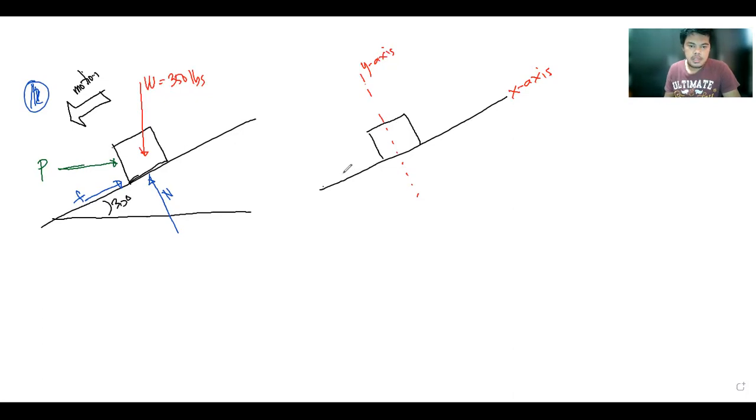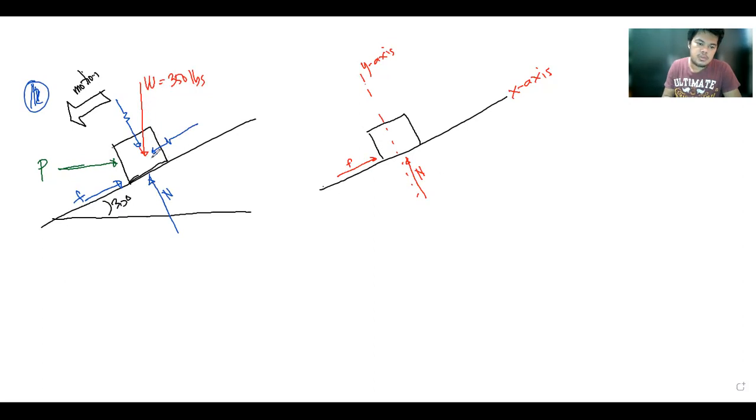So we have here the friction force F, and we also have here the normal force N. For the weight, the weight will have its components, no?